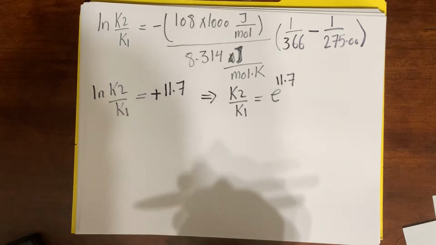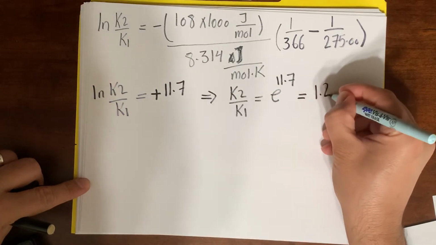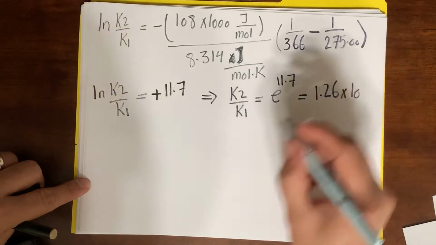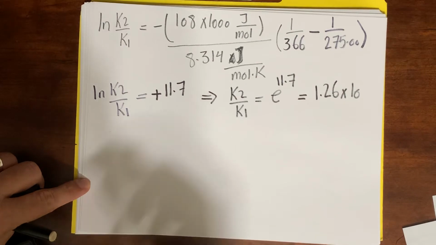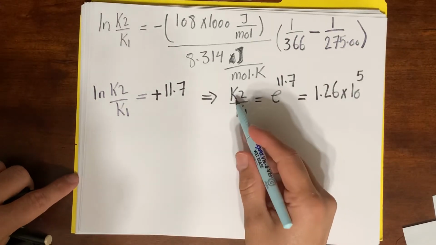Okay, this one is equal to 1.26 multiplied by 10 to the power of 5. Okay, cool. So now we can calculate K2.